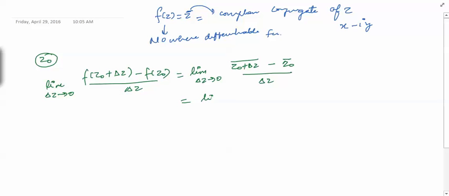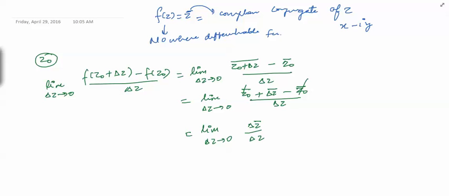This is equal to limit del z tending to 0, z0 bar plus del z bar, because the conjugate of z1 plus z2 is z1 bar plus z2 bar, minus z0 bar, divided by del z. This and this cancel, right? So you are left with limit del z tending to 0, del z bar upon del z.